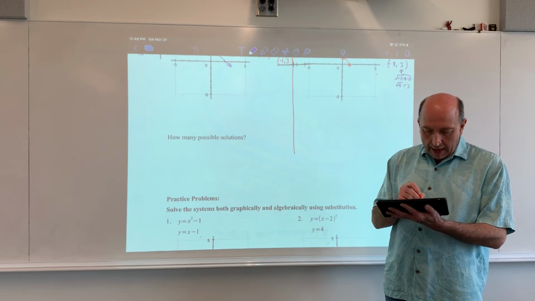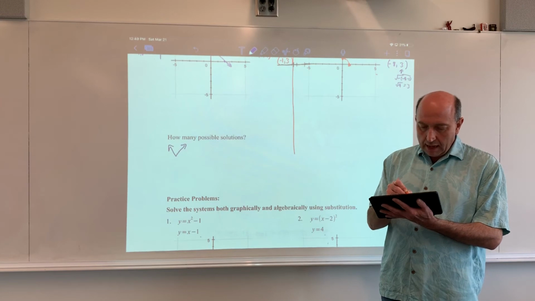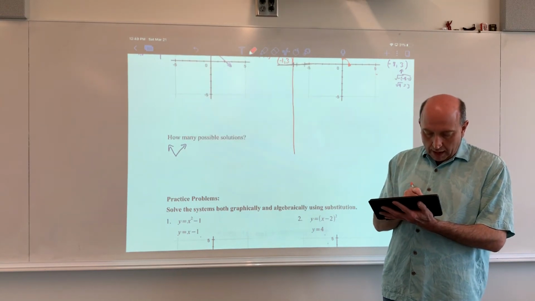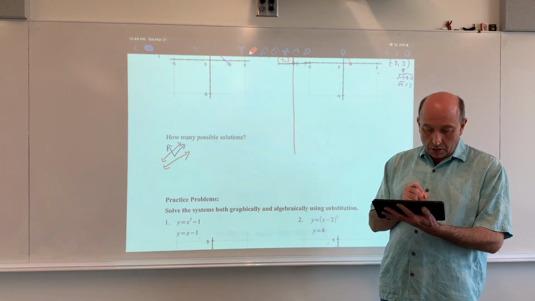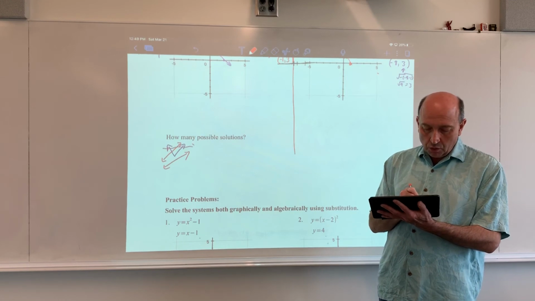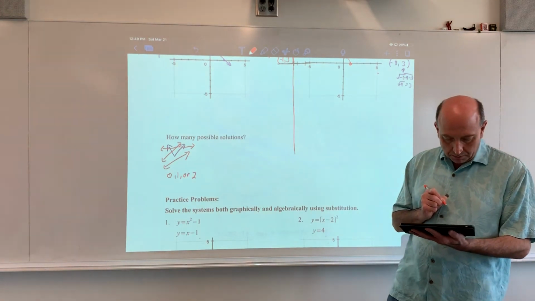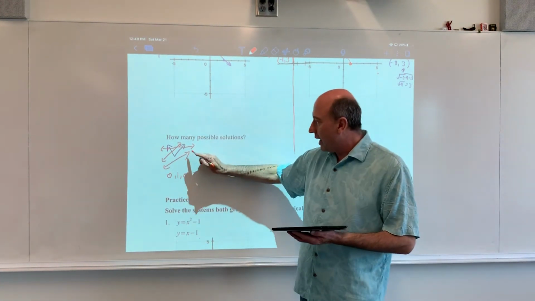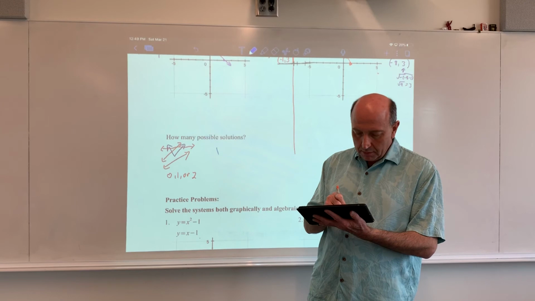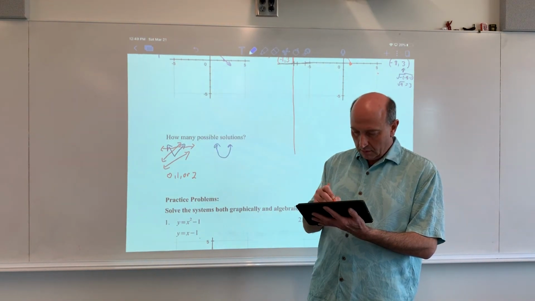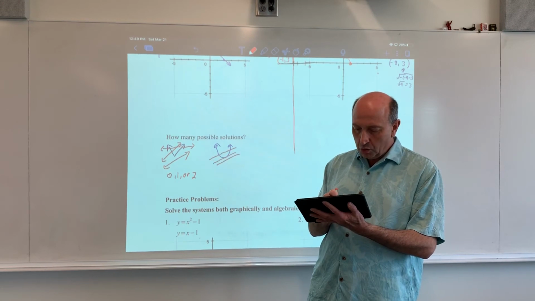If you have an absolute value and say a line, you could have one or no solutions, or wait, maybe 2. So you could have 0, 1, or 2 solutions, depending on where the absolute value and the line are located. If you have a parabola and a line, the same situation occurs. You could have 0, 1, or 2 solutions.